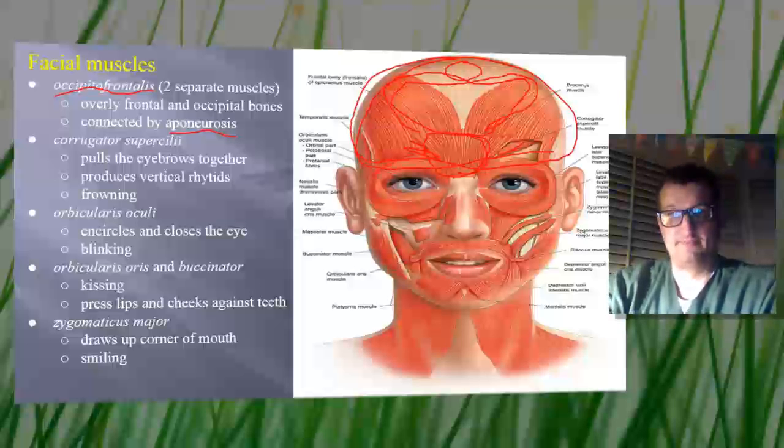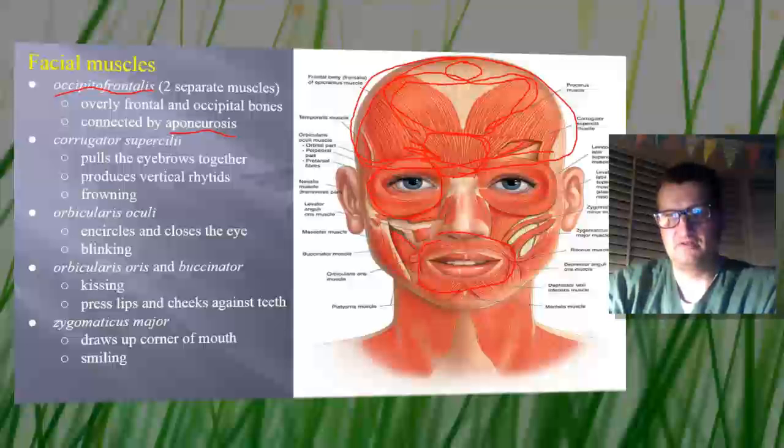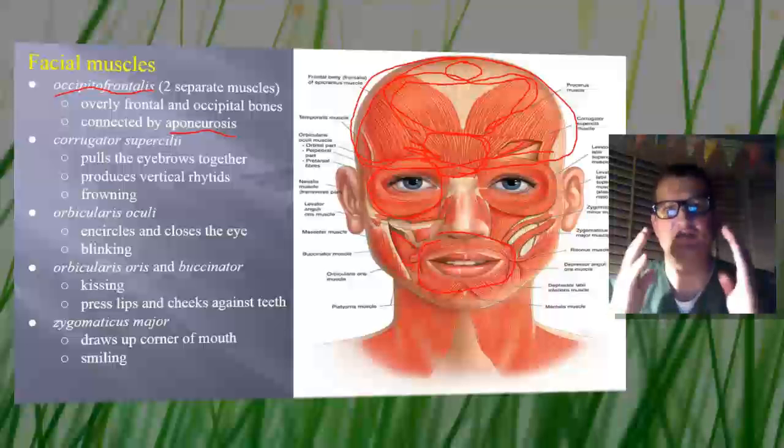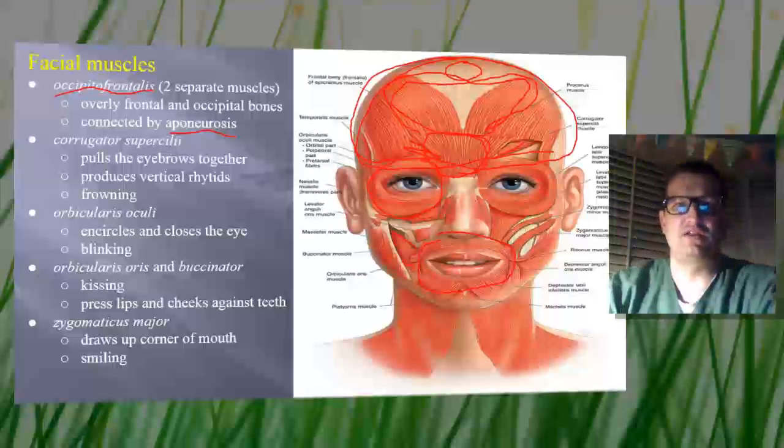Orbicularis oculi encircles both eyes, as you can see there. The orbicularis oris and buccinator muscle are shown here. The buccinator muscle is deep. It allows us to hold our food against our molars when we're chewing. It also allows us to move the lips in and out and to kiss.